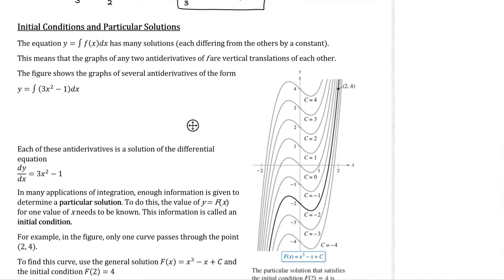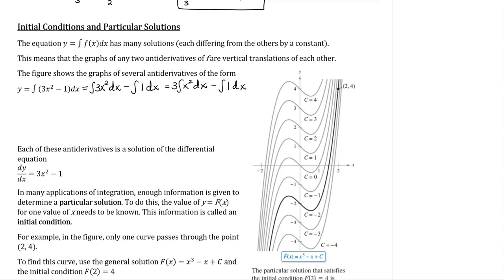So for example, let's say that we are trying to solve the integral of 3x squared minus 1 dx. So we know that means we need to integrate 3x squared with respect to x and then subtract the integral of 1 with respect to x. To integrate the 3x squared, we could pull the constant of 3 out in front of the integral of x squared. And then we're left with minus the integral of 1 dx.